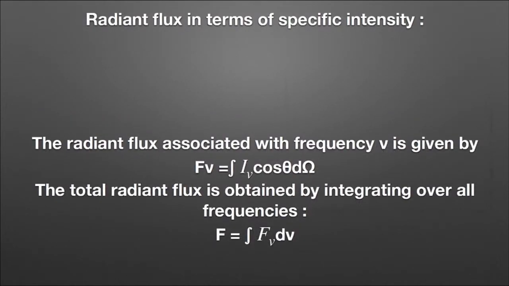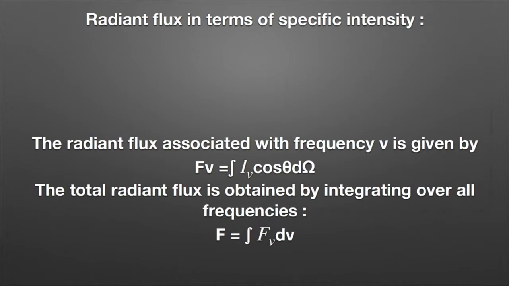Now that we know the specific intensity at a point, through that we can measure various quantities like radiation flux or energy density, that is, the amount of radiation passing through that area in a given time. The radiation flux is simply the total energy of radiation coming from all directions at that particular point per area per unit time.